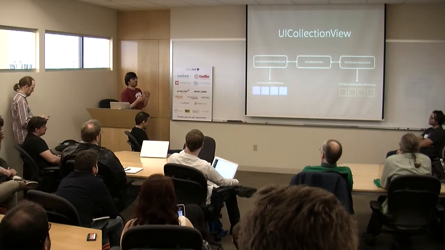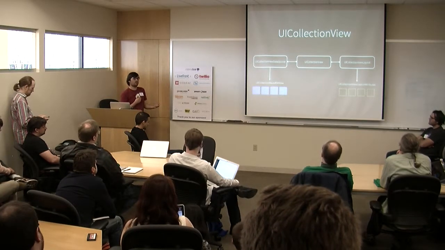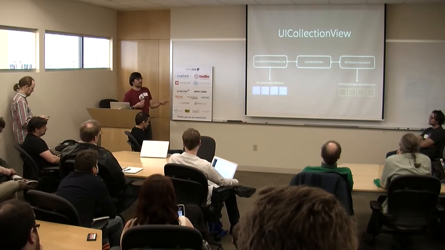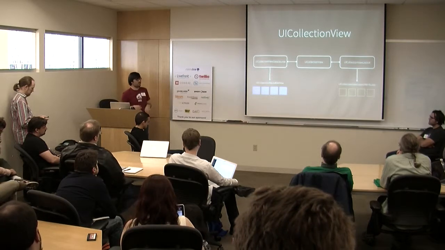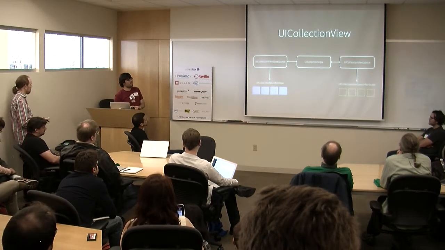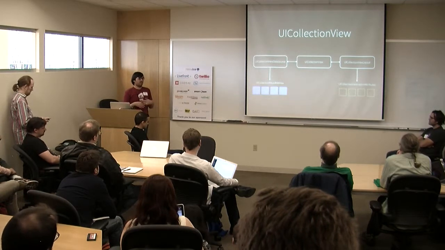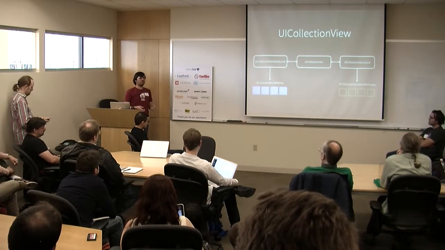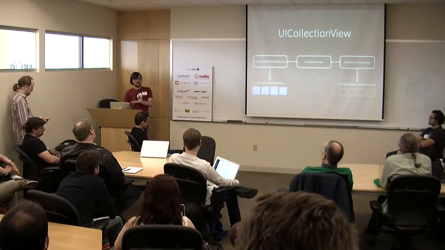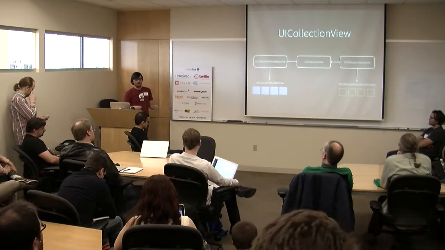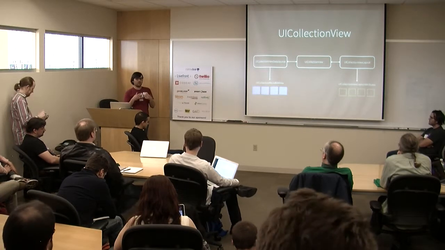And instead of providing or manipulating the views directly, you provide these layout attributes objects. I've made those little green dotted lines to indicate that all those are really specifications for where to position a view, but it's not your job to actually apply that specification to a view and move it around. The collection view does that for you.